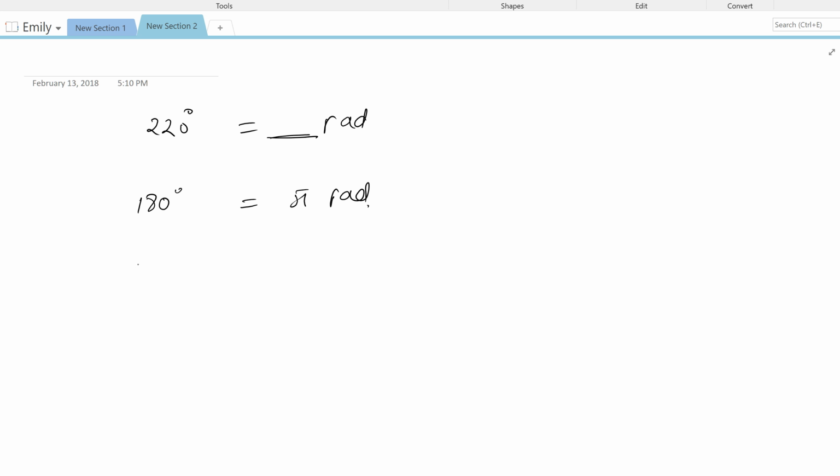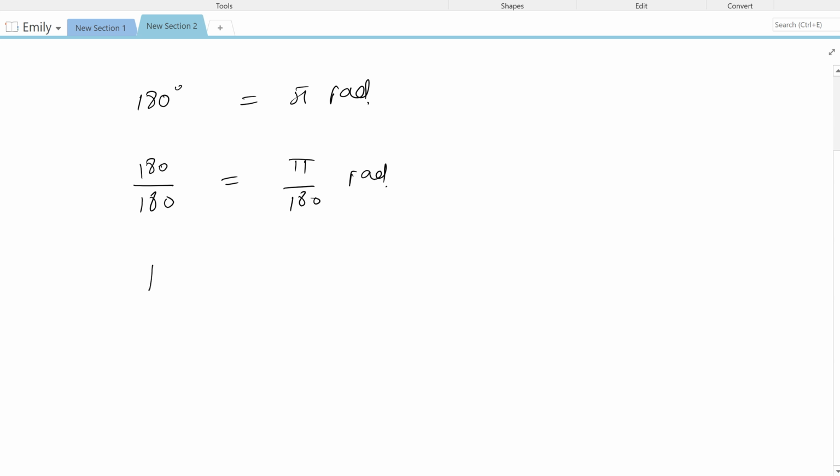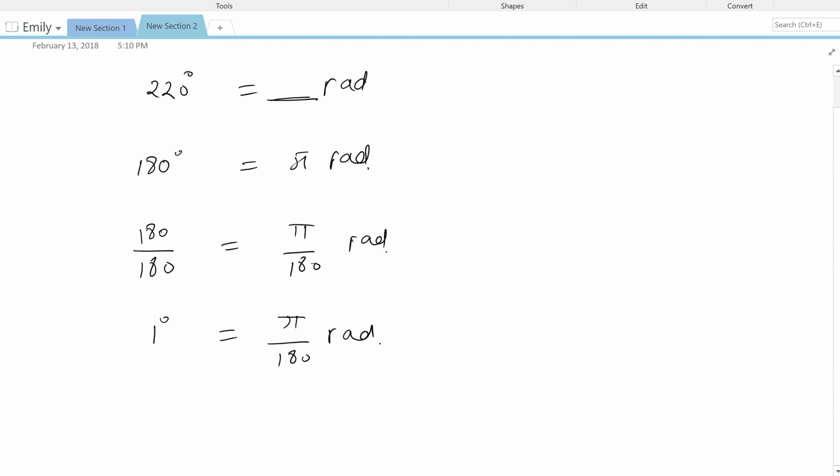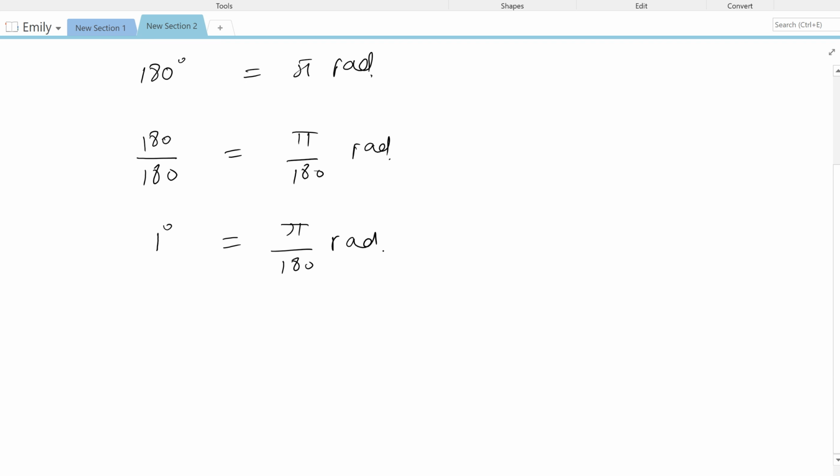Now if I divide both sides by 180, I get that. That means 180 over 180 equals these many radians, and 180 divided by 180 is going to be 1 degree. So 1 degree is equivalent to that. But according to the question, we have to find 220 degrees in radians.